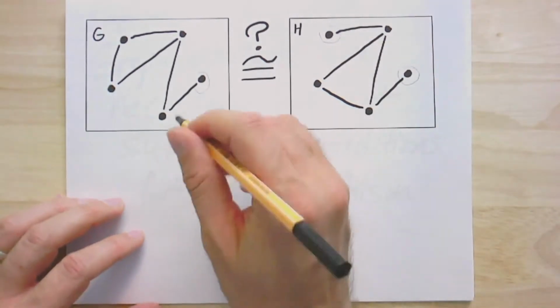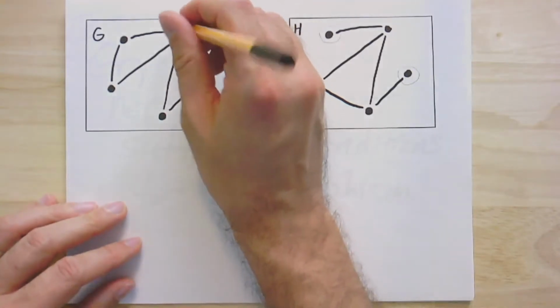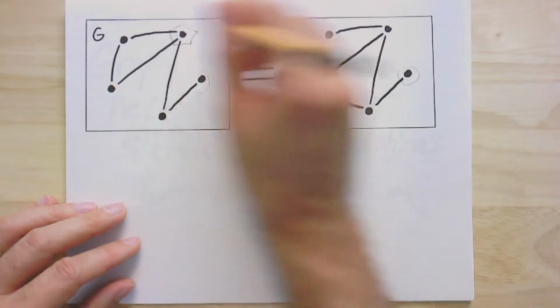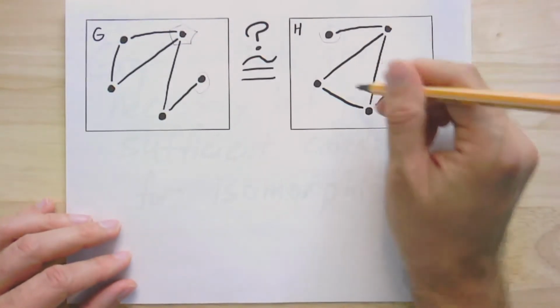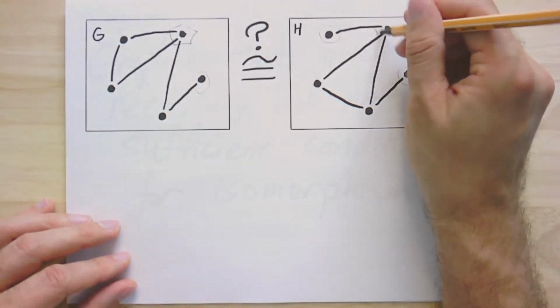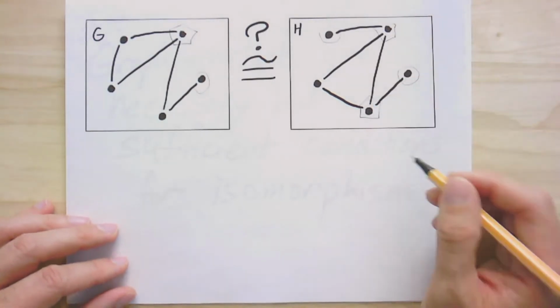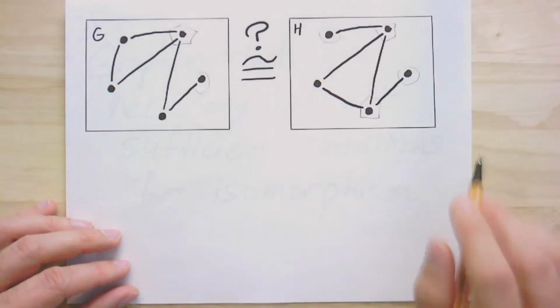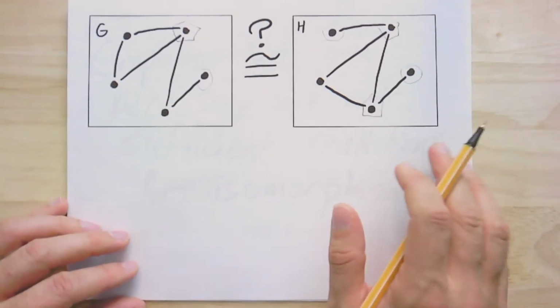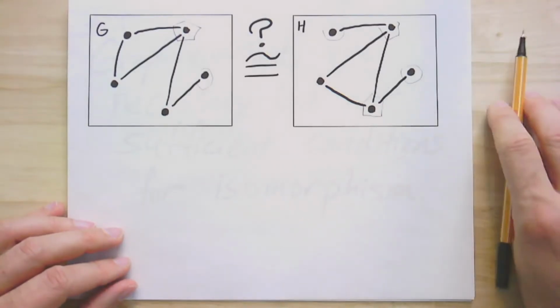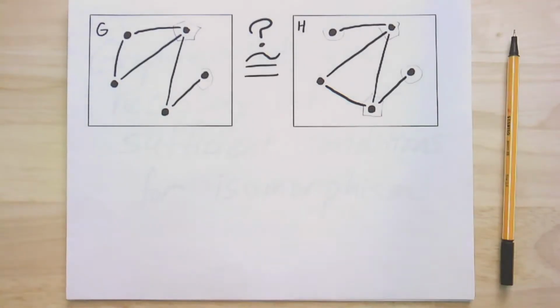Or you might have noticed that G has 1 vertex of degree 3, and H has 2 vertices of degree 3. And it seems like if they're isomorphic, then the degree should be unchanged. So let's just check. Is that really correct?